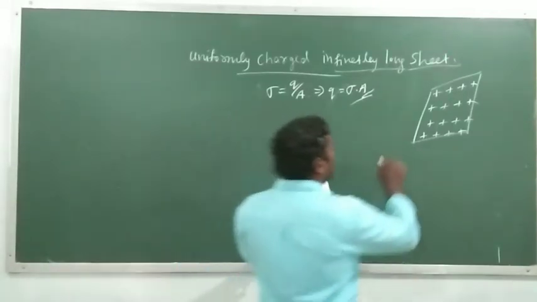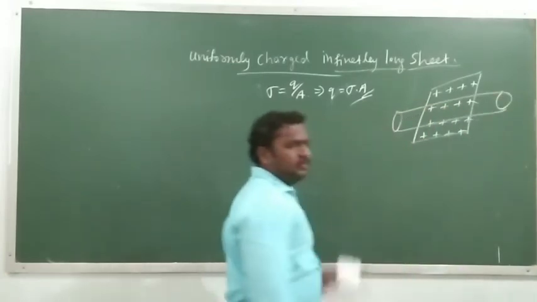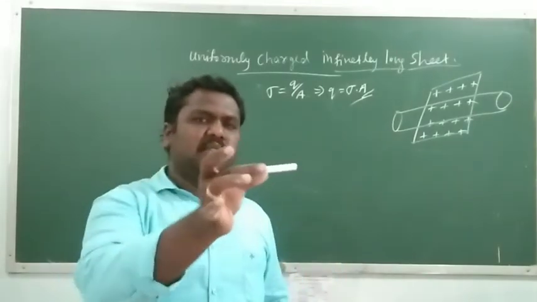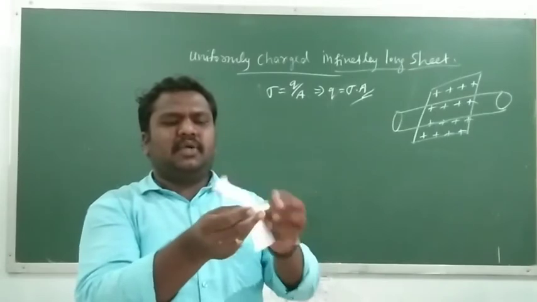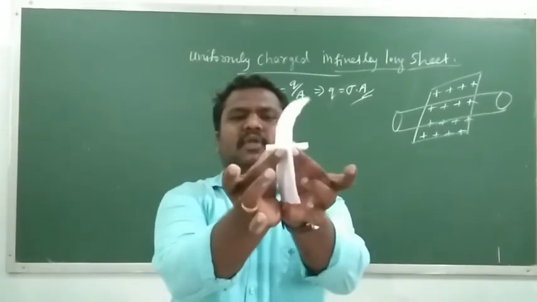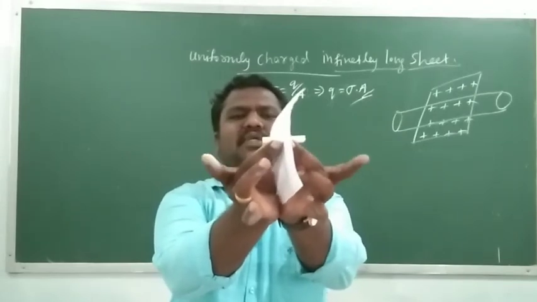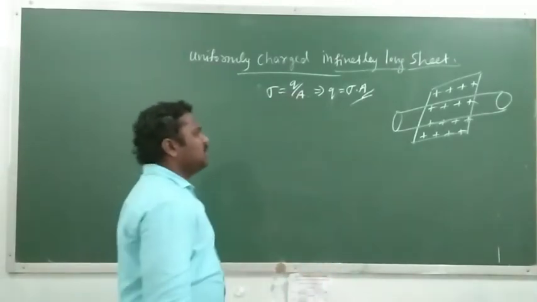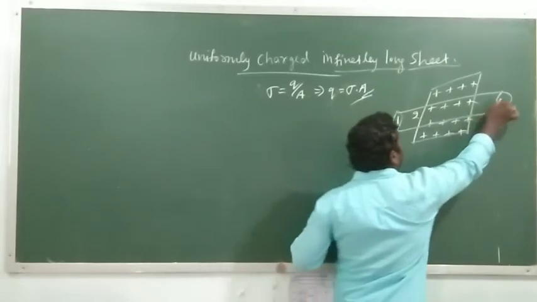Let me represent that with the diagram. Are we clear? This is the cylindrical surface and this is the sheet, enclosing some portion of it. Here we have the Gaussian surface, a cylindrical surface, which has three surfaces, 1, 2 and 3.